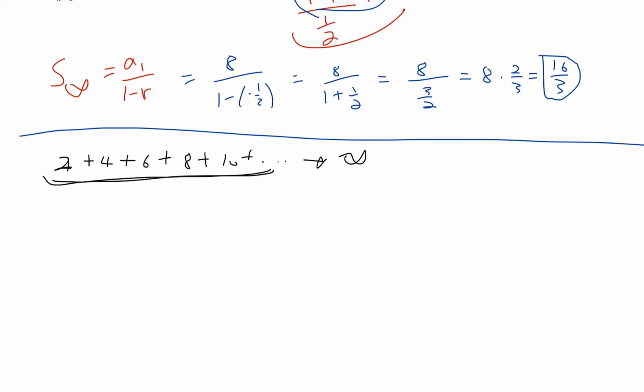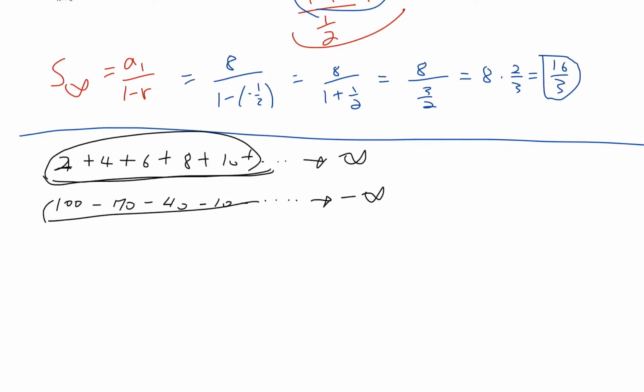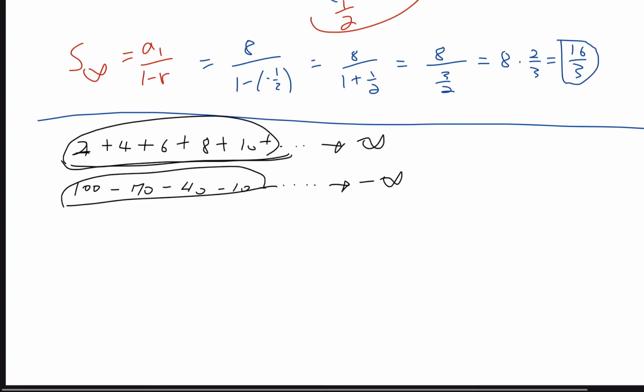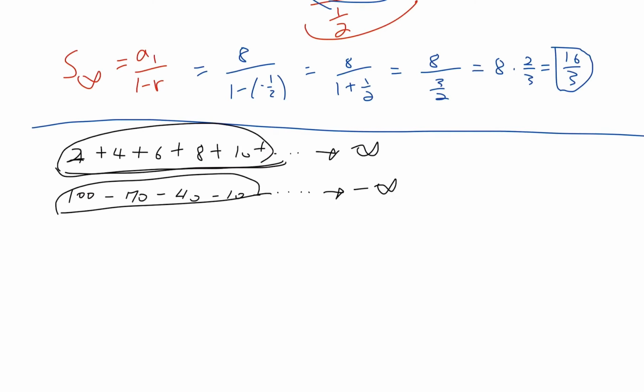Same thing if we subtract in an arithmetic sequence, for example subtracting 30 every time. We're adding a negative number. So let's keep it like this: -10, and so on. This will go towards negative infinity. So it doesn't make sense that we can add or subtract an infinite number of things and get a number for an arithmetic sequence.